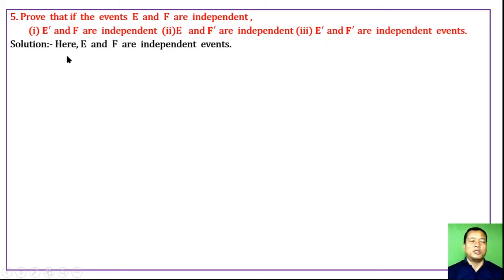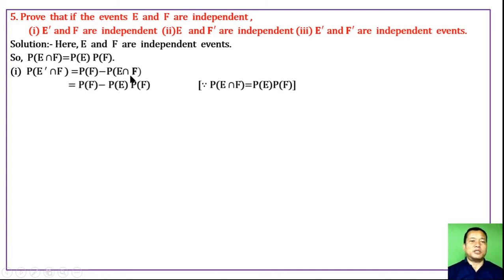Let us prove. Here E and F are independent events, so P of E intersection F equals P of E into P of F. Part 1. P of not E intersection F is equal to P of F minus P of E intersection F. Remember this statement. And P of E intersection F is equal to P of E into P of F by given condition.